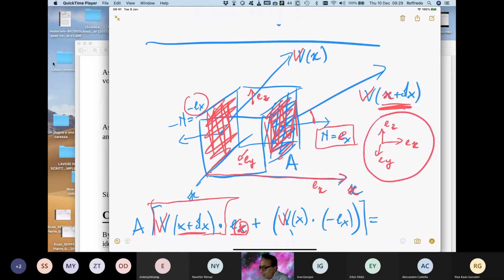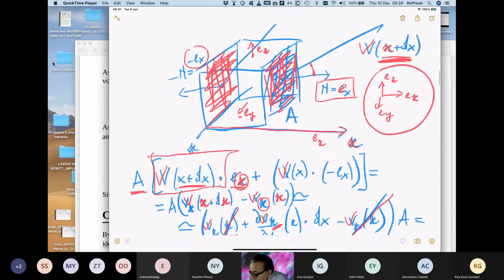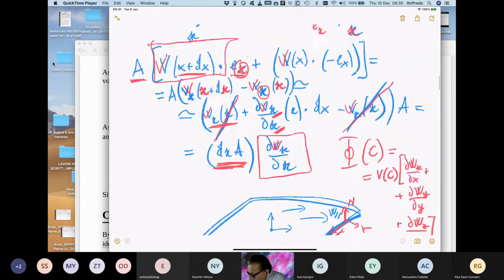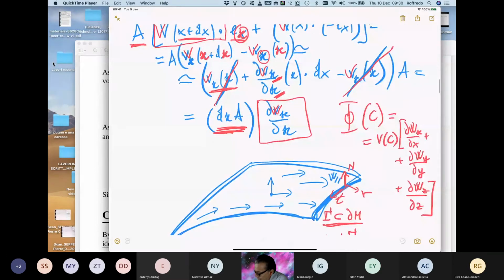So you must have a unique basis for representing vectors everywhere in your field, and why this coordinate system must be orthonormal, because otherwise this reasoning with the cube must be modified somehow, and we cannot proceed in our reasoning.